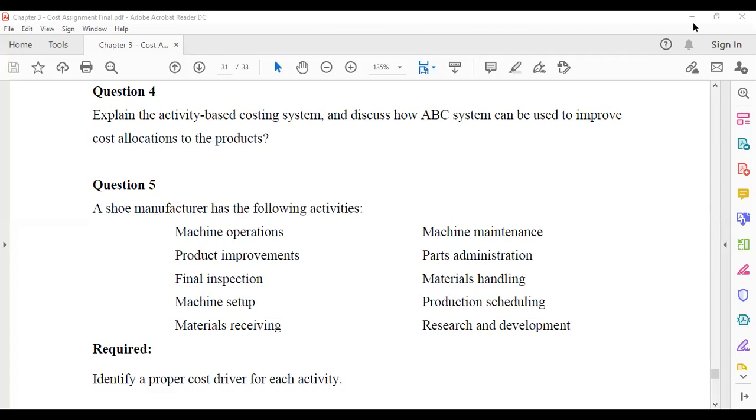But in contrast, in an activity-based costing system, the fundamental philosophy is that the cost is driven by the activities. So it's a fundamental change. Earlier, it was the final product, but now it is the activities.